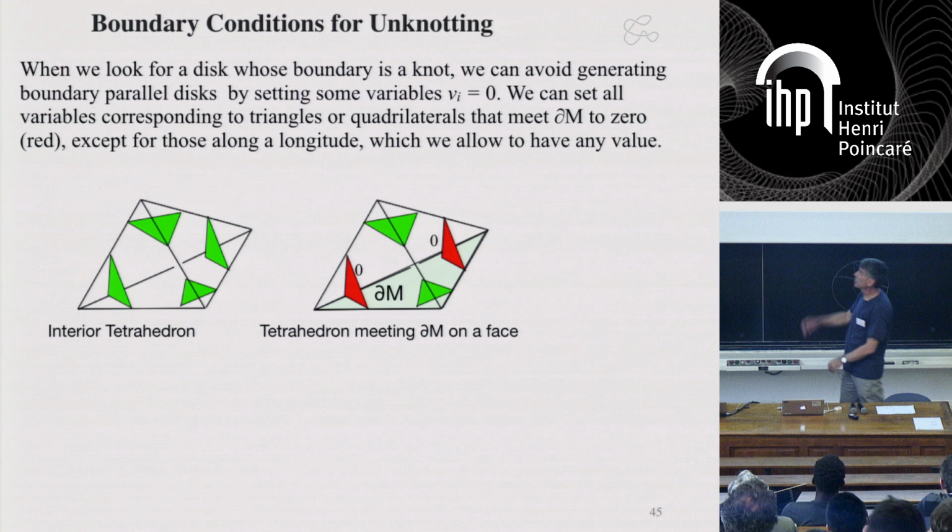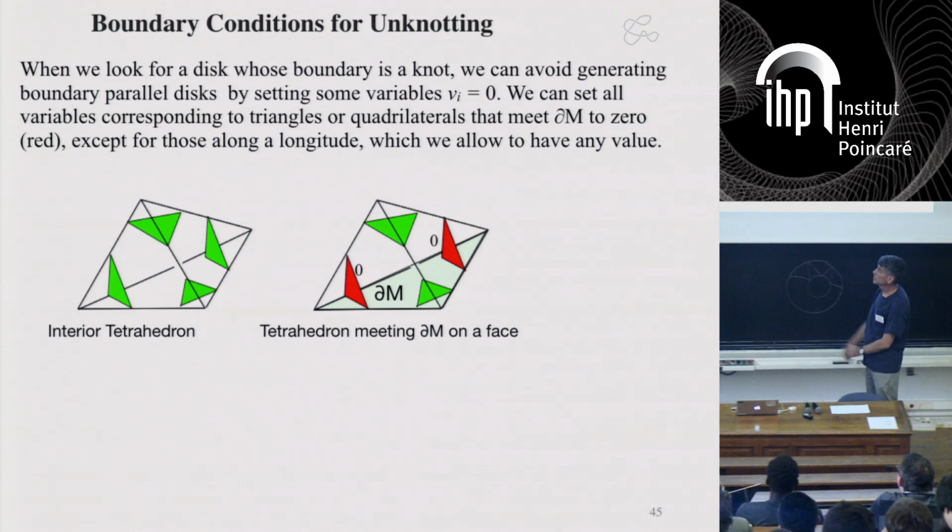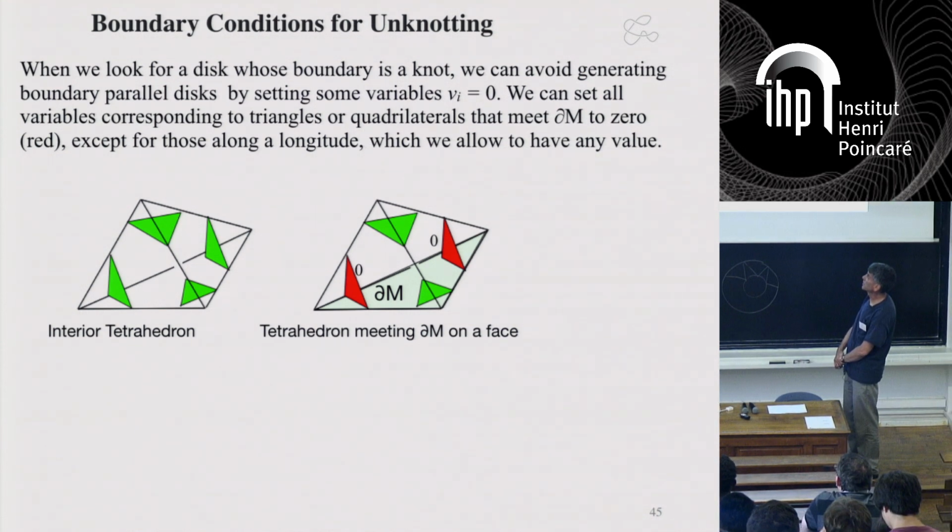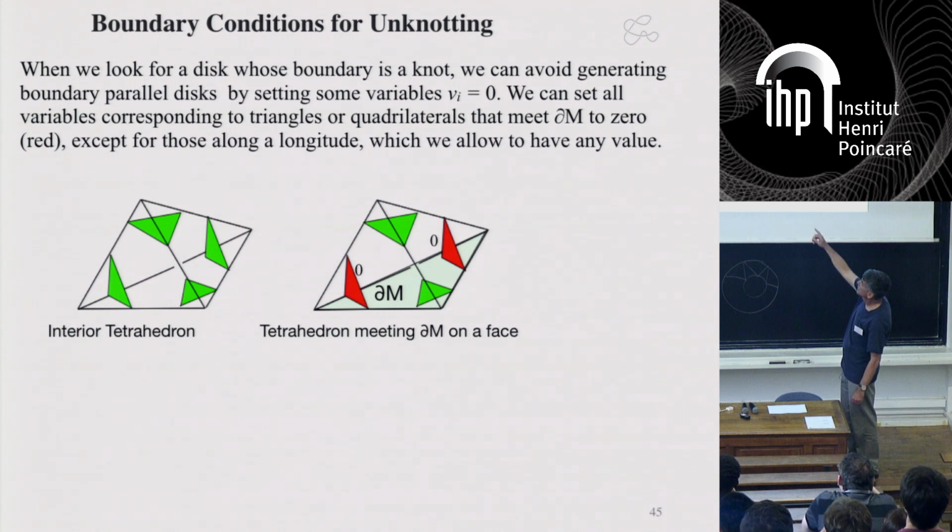So the green ones are allowed. There's a quadrilateral that's allowed as well that I didn't draw. But if a tetrahedron meets the boundary, I'm going to allow the interior triangle at the top, and I'm not going to allow those two red triangles. I will allow the green triangle that runs along this way.